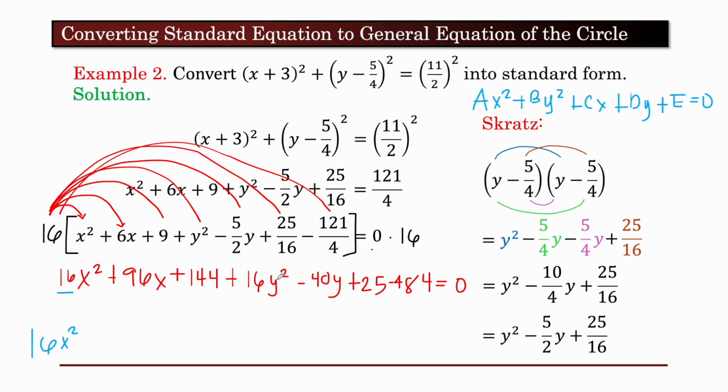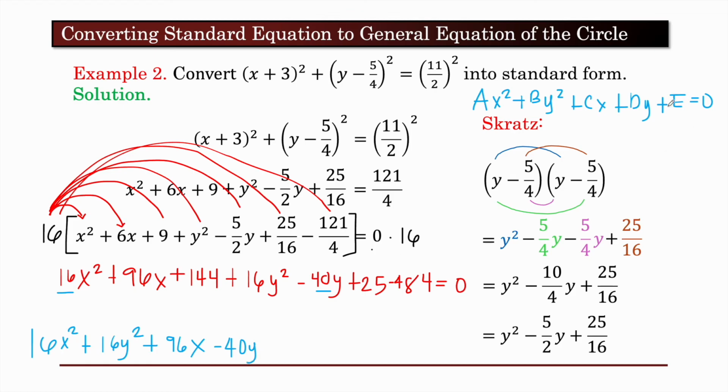Okay, y squared is also 16. I mean the b is also 16, so we can rewrite this as 16y squared. Okay, plus cx. So where's the x term? Here. That is 96x. So, copy. Next is dy. dy is that, negative 40y. This is the negative 40y or the dy.